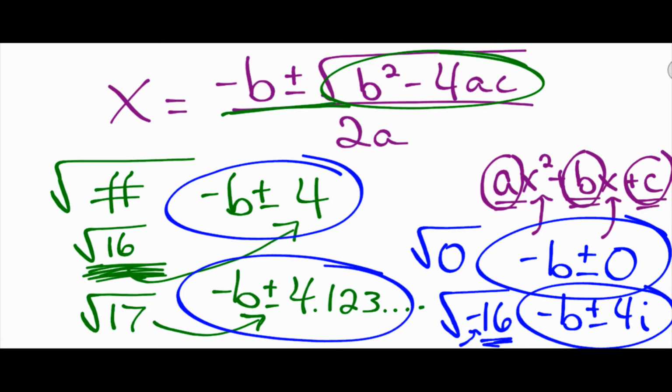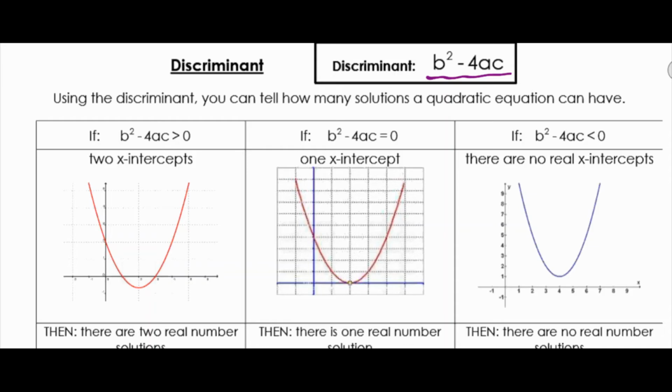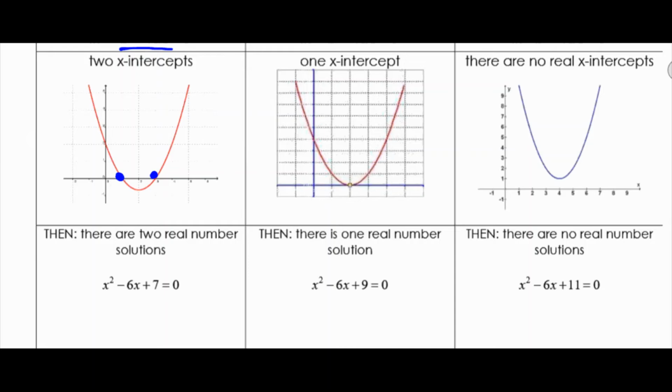I'm going to break that down in a little bit simpler way in these notes. And that's what this is really showing. The discriminant is just showing how many solutions and what type of solutions we have. If b squared minus 4ac, if that is a positive number, if it's greater than 0, we're going to have 2 x-intercepts.